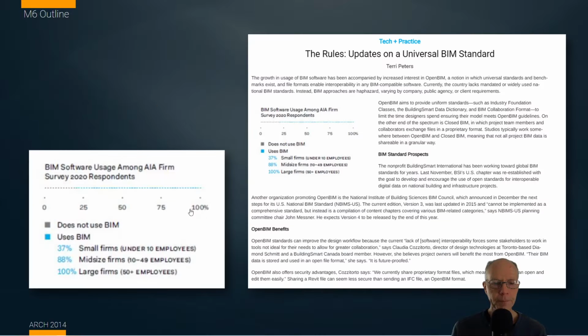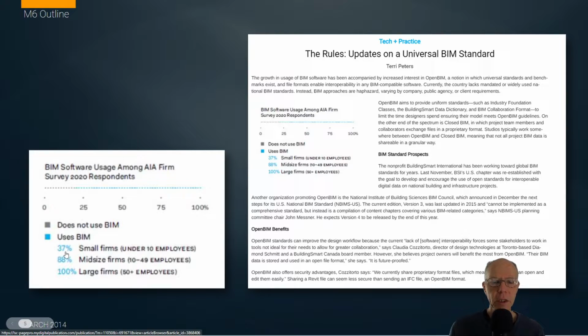These are just some tidbit facts I keep finding, and I think they're interesting. This is a discussion that started out with universal BIM standards, but one of the facts in it that I thought was interesting was that 100% of large firms use BIM. 88%, an overwhelming majority of mid-sized firms, use BIM, and that usually would translate to using Revit.